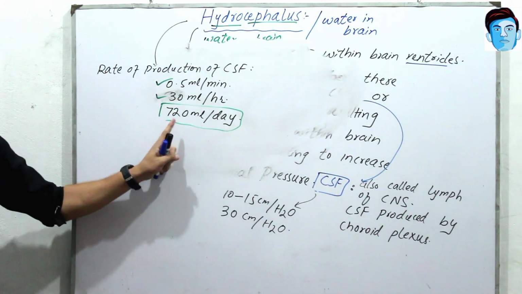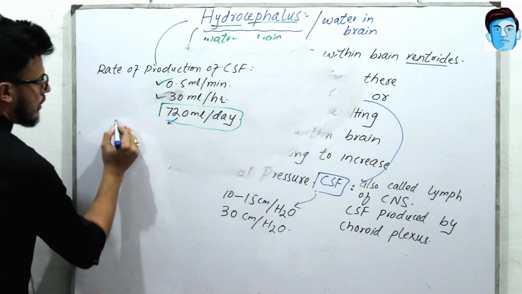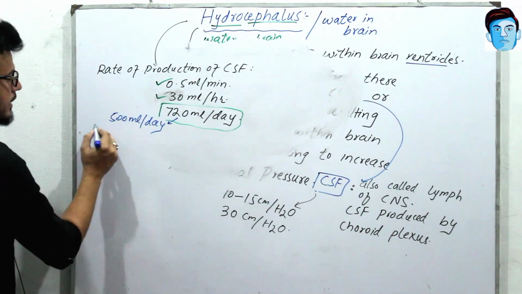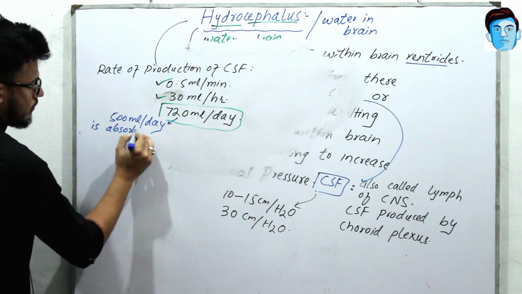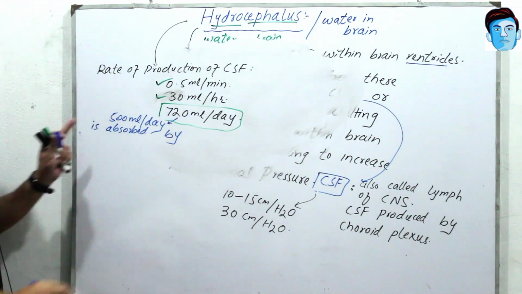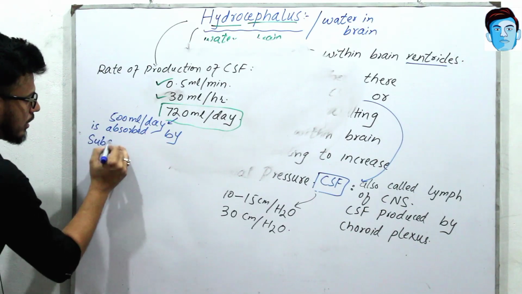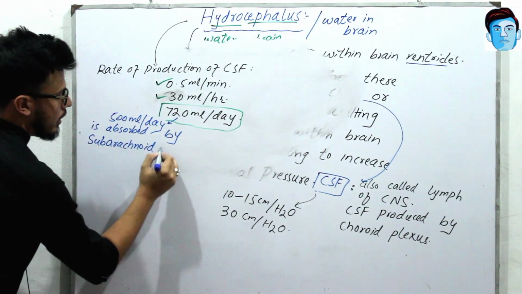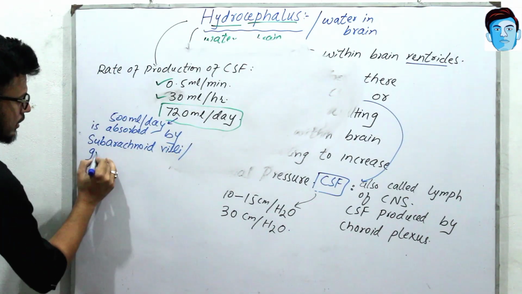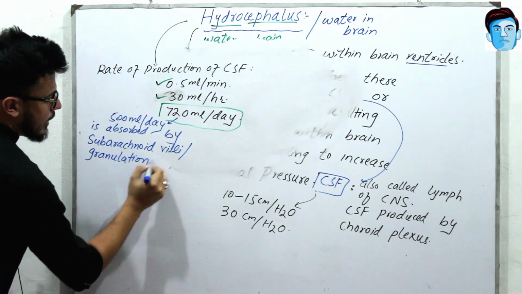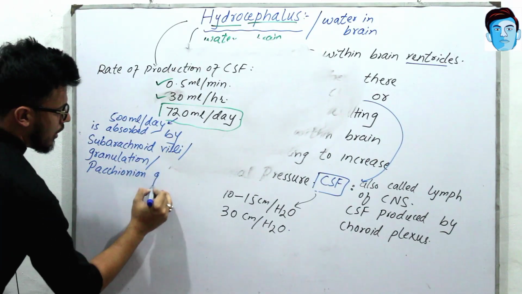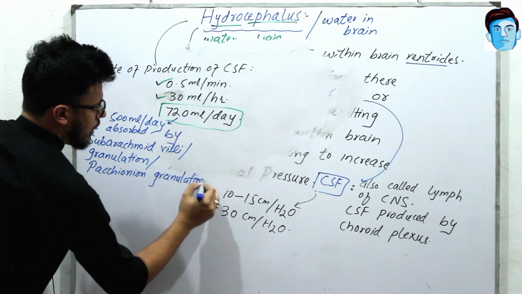Now, out of 720 ml per day, 500 ml is absorbed by the subarachnoid villi, which are present in the subarachnoid space. Subarachnoid villi are also called subarachnoid granulations, or pacchionian granulations.